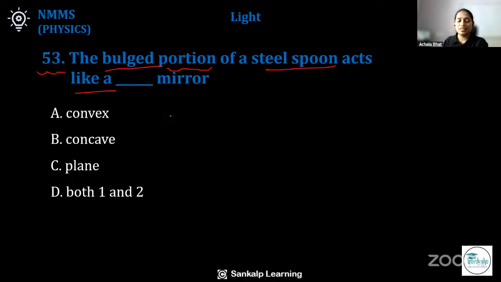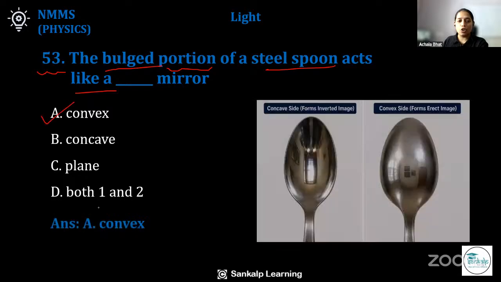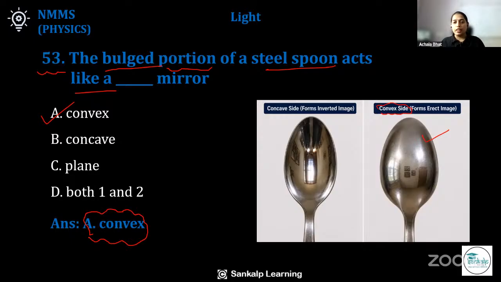Option A, convex mirror is the correct one. This is the bulged part. It is the convex side, which forms erect image.